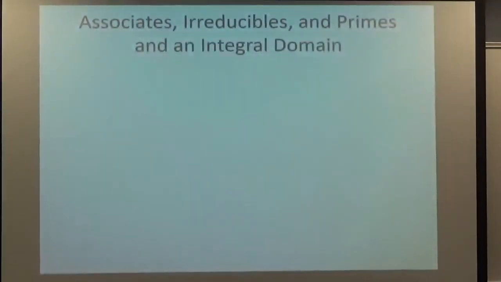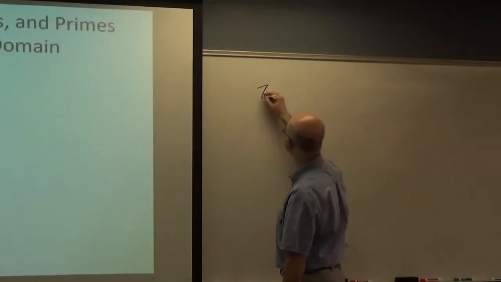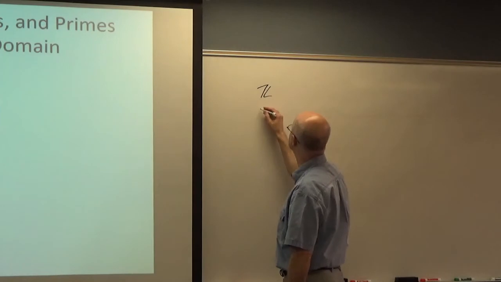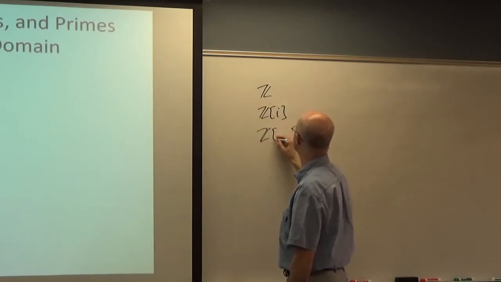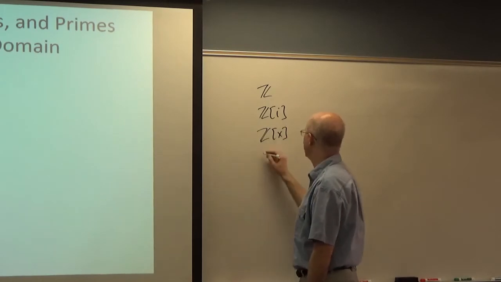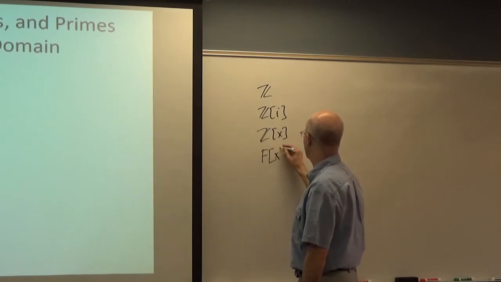Here's something that's going to help along the way. As we go through these definitions and theorems and some proofs, think by analogy with some familiar rings: Z, Z[i], Z[x], and say F[x], where F is a field.